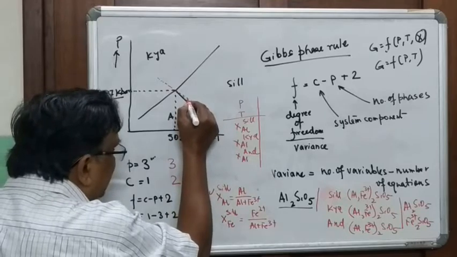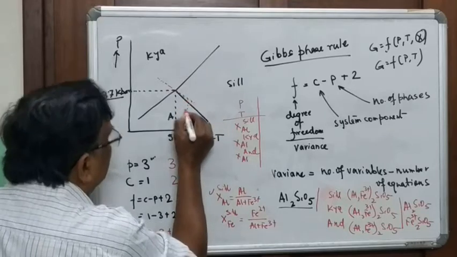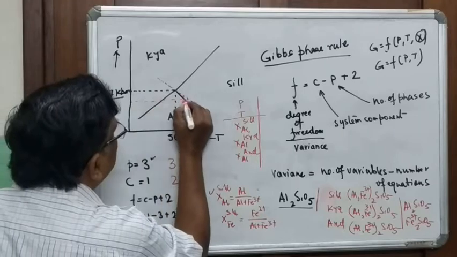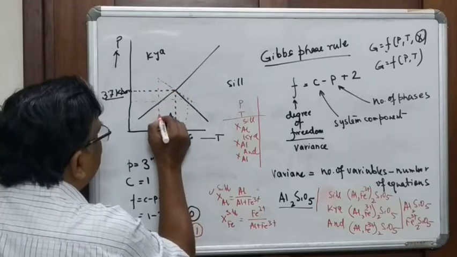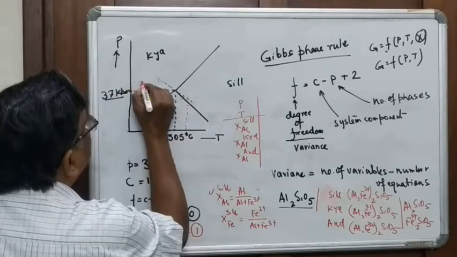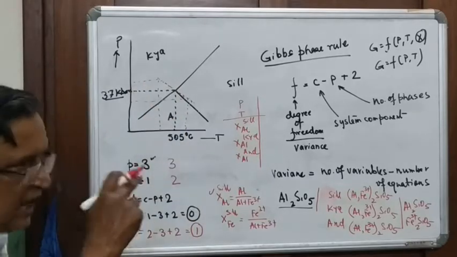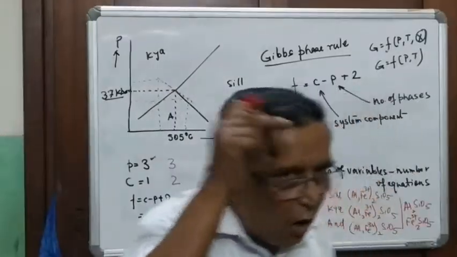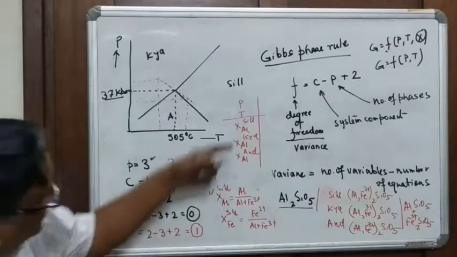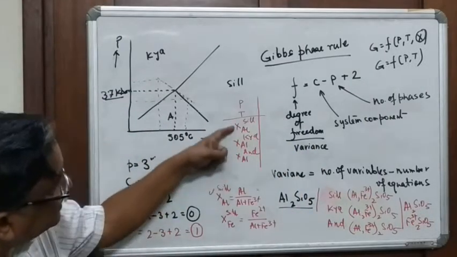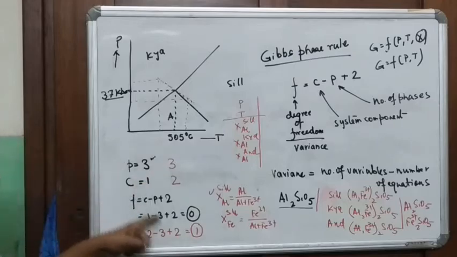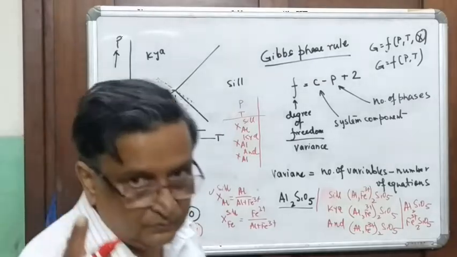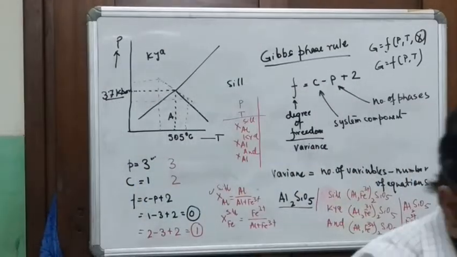Say if you take this, then this will be the pressure. If you take this temperature, this will be the pressure. So the pressure and temperature values will change depending on these variables. And the Gibbs rule merely tells you, give me one, and the rest I can quantify.